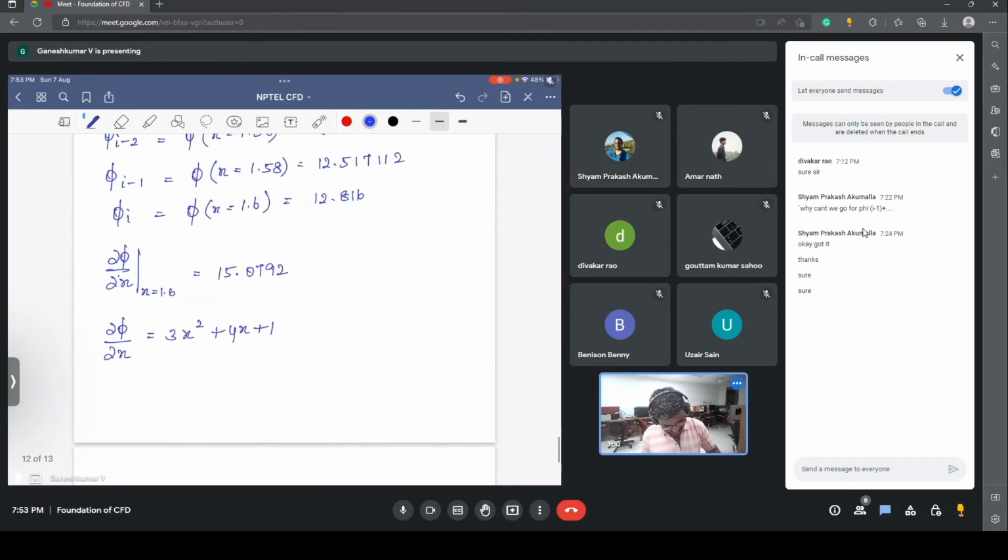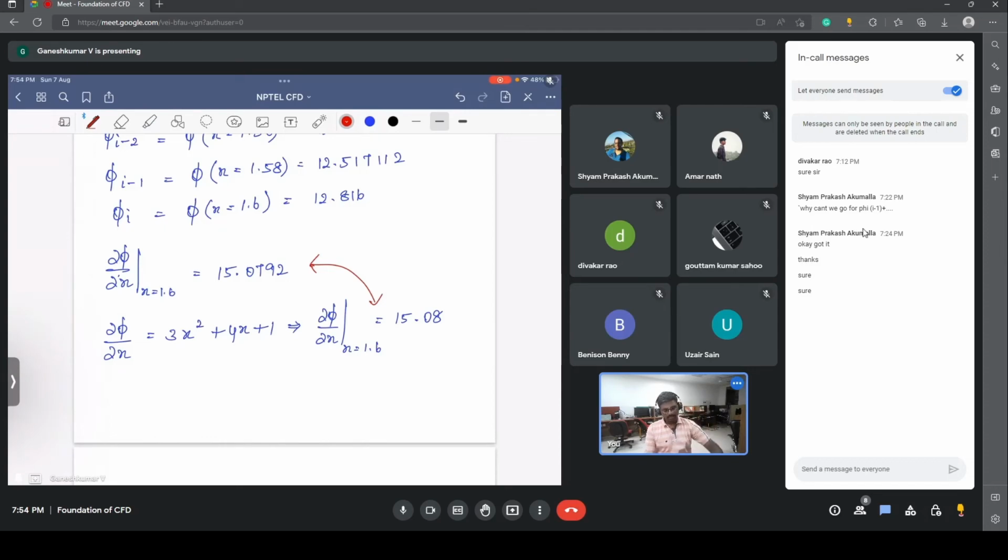If you substitute x equal to 1.6, what happens? The answer would be 15.08. So you can easily compare these two: the scheme we developed and 15.08, the actual answer. You see how close we are.